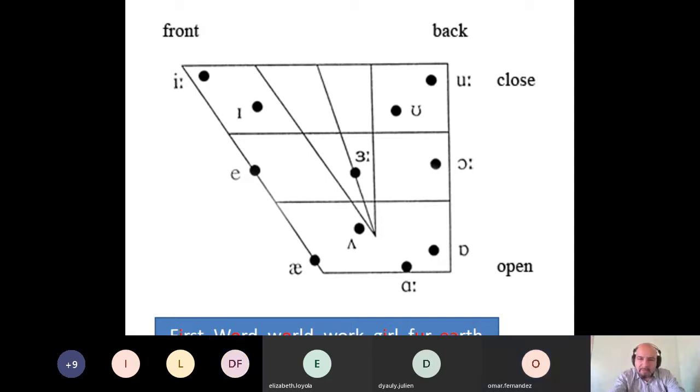So I hope you were writing down the criteria, but again, it would be considered a low, back vowel. It's a long vowel sound, right? It's unrounded, and it's a lax vowel sound. Is that right or tense?